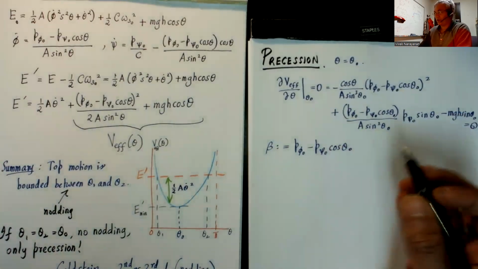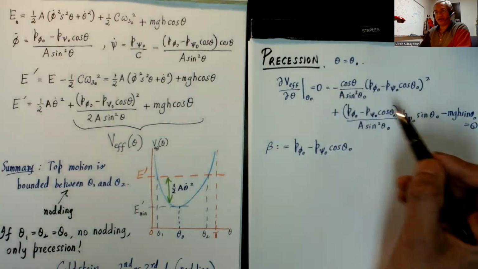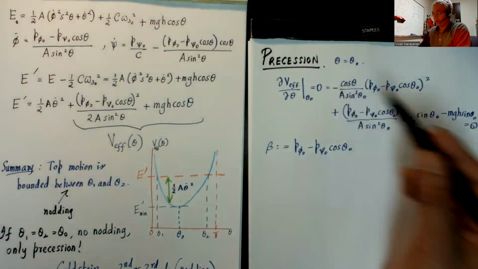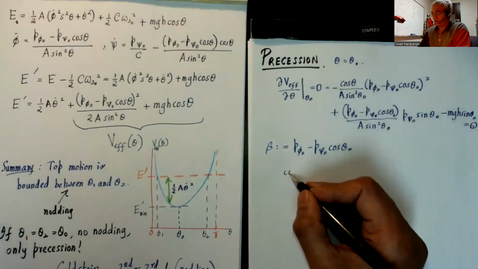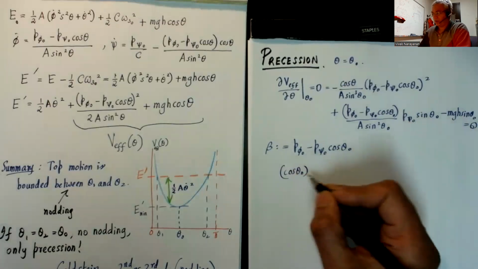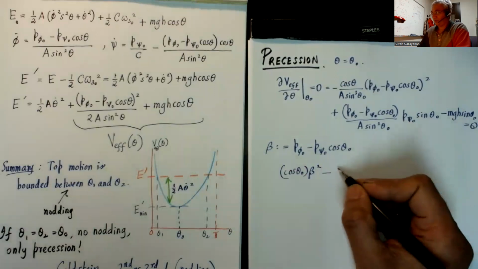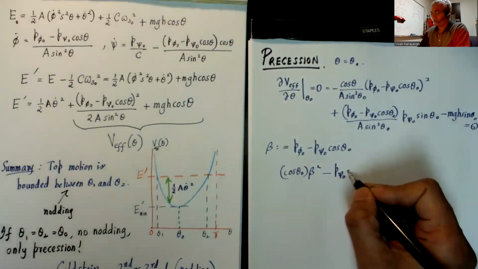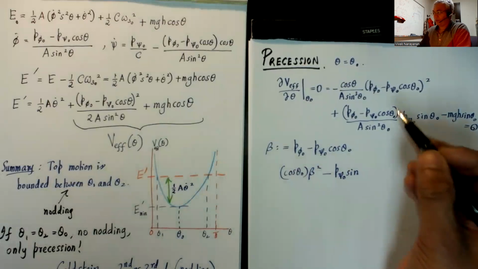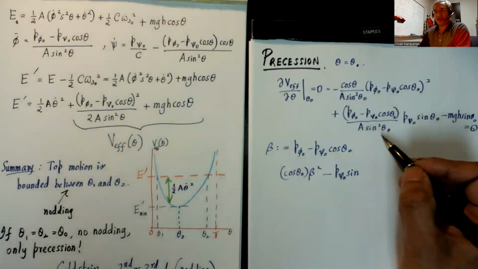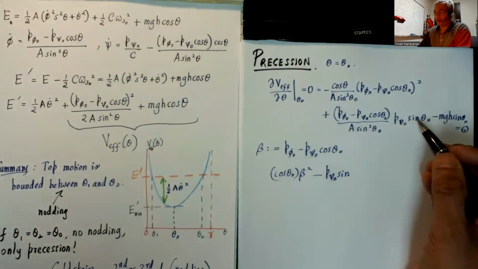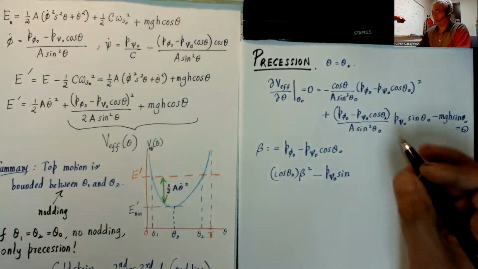So what I'm going to do is take a minus from the entire equation. So that becomes a plus, that becomes a minus, that becomes a plus. So I get cosine theta naught beta squared minus p psi naught. And I'm going to multiply both sides by a sine cube theta naught. So since there's a sine squared theta naught here, I end up getting a sine squared theta naught upstairs.